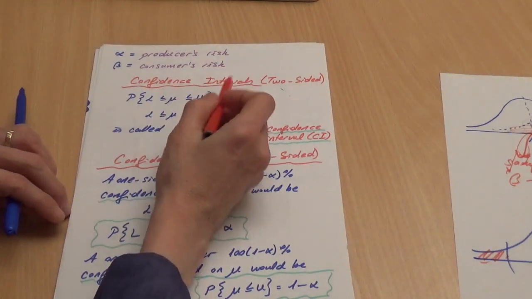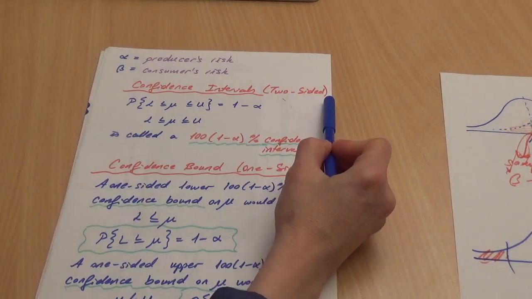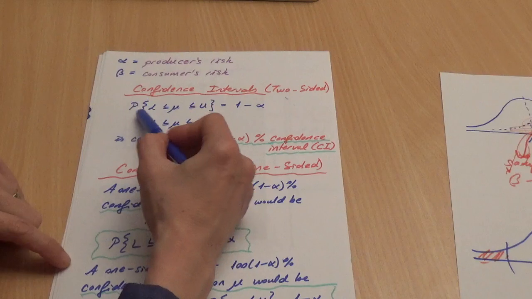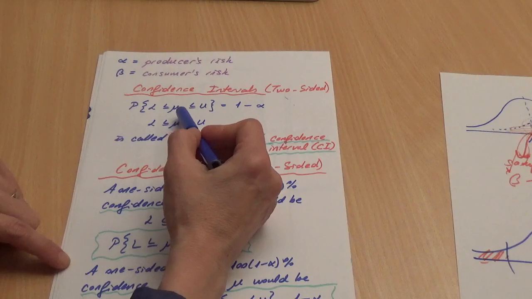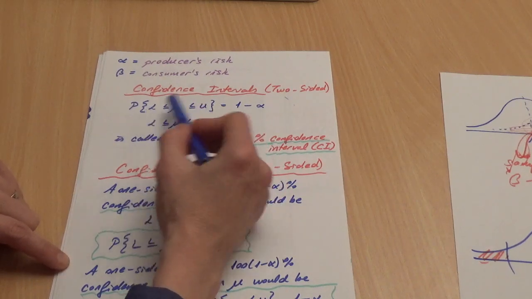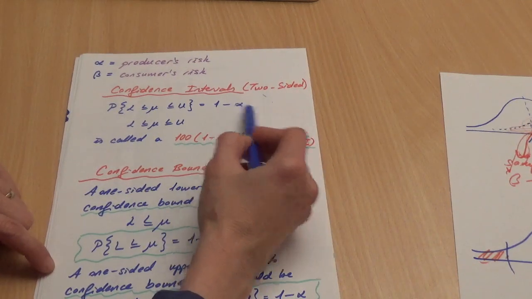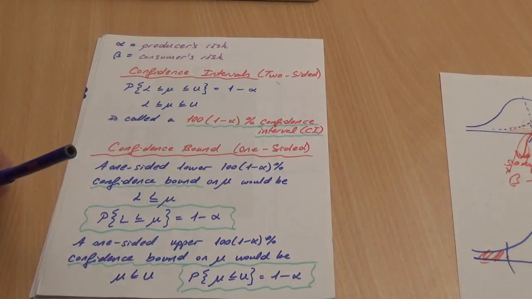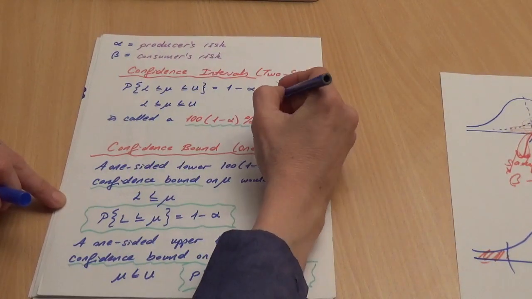So confidence intervals, how do we calculate the confidence intervals? When it is two-sided, we have an upper limit and a lower limit. The probability of having a mean between these specifications is 1 minus alpha. This part is very important, actually.